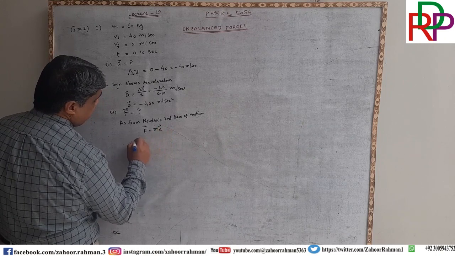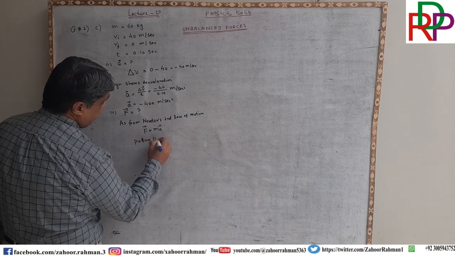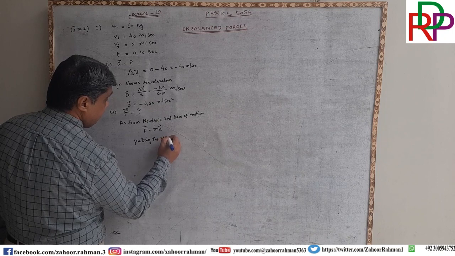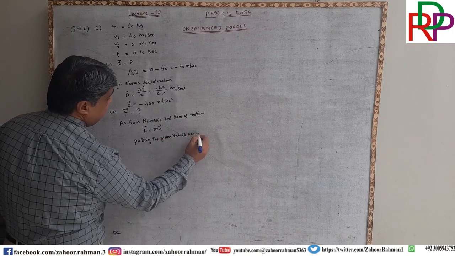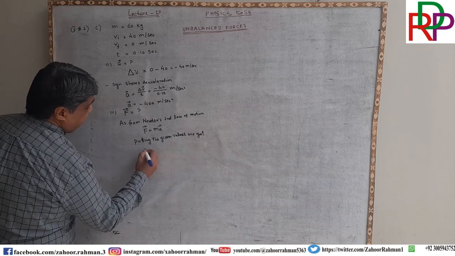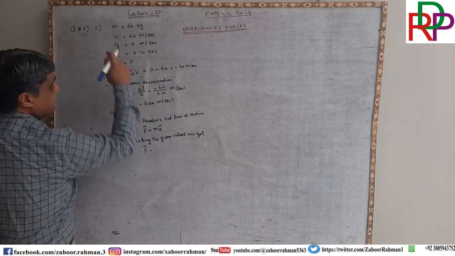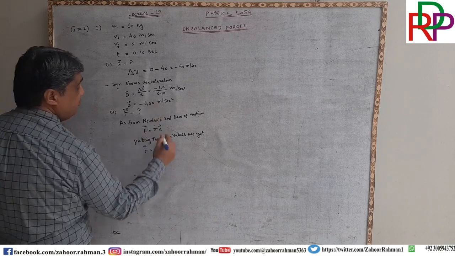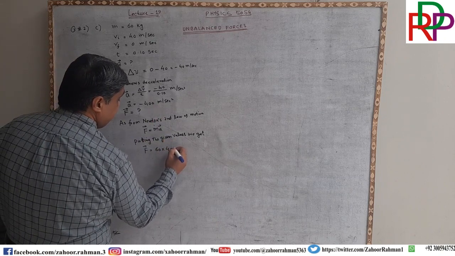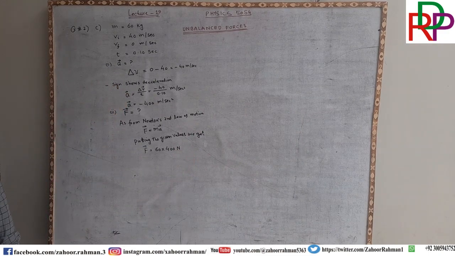So putting the given values, we get F is equal to M, which is given as 60 kilogram, and A we found as 400, and that will be in Newton because the unit of force is Newton.